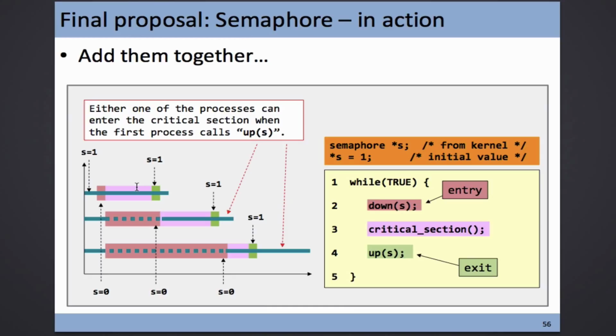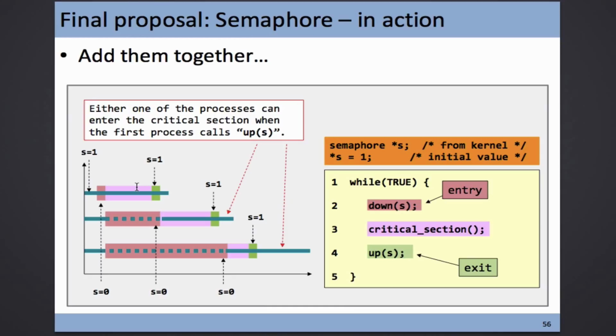I first check whether I can go in. If it's 1, I go in, and while I'm taking the lock, S becomes 0. Another process executing this code will be blocked there because the S value is 0.